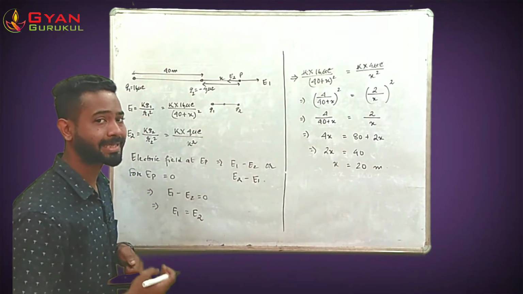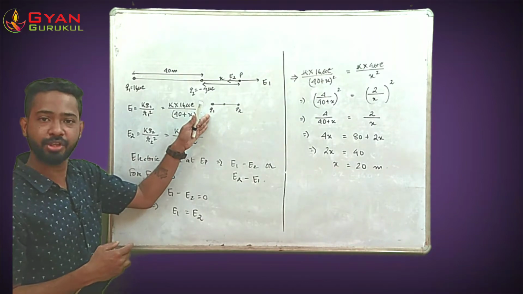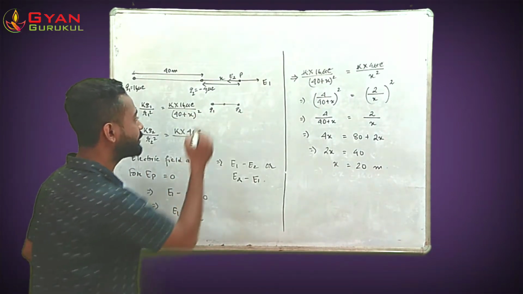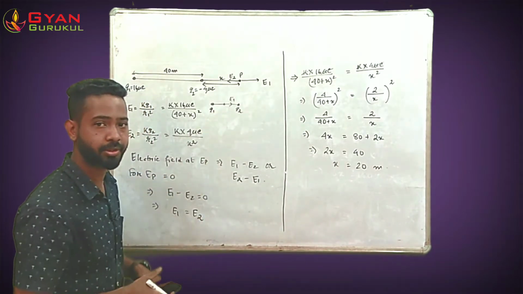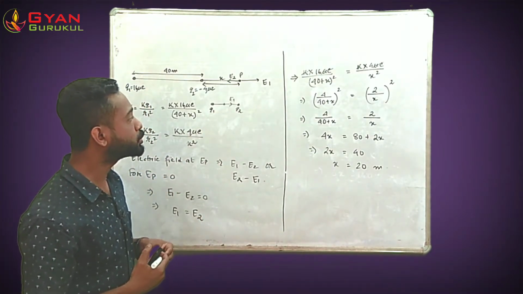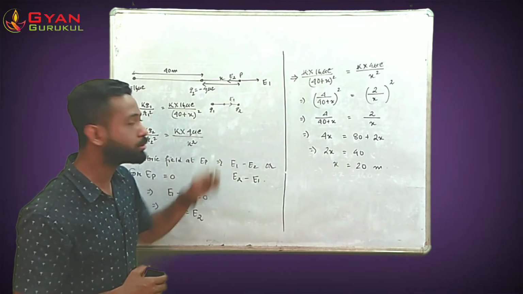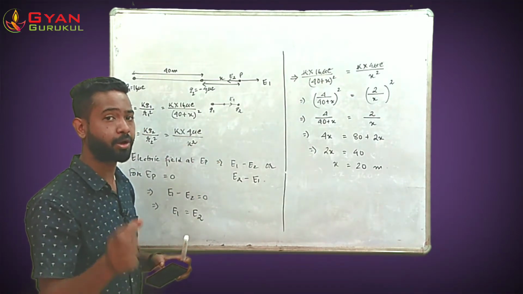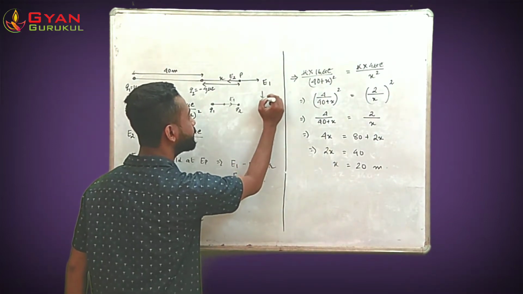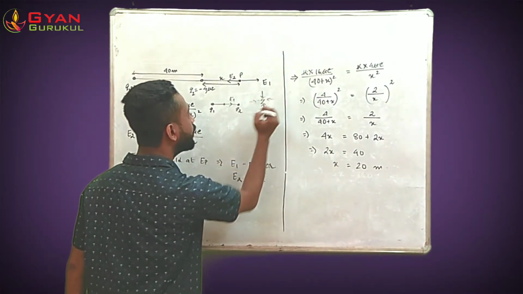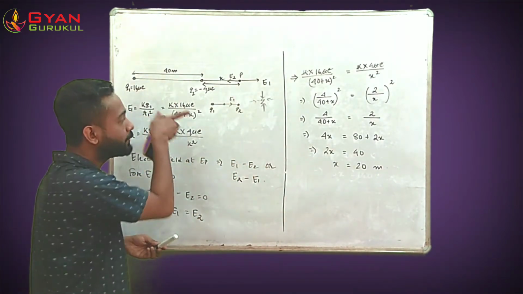Now if I assign the direction of the electric field for both charges, Q1 being a positive charge, its electric field will be in the right hand direction. Similarly, Q2 being a negative charge, its electric field would be towards it, because for a negative charge, electric field directions are radially inward, right? So the field would be towards it.